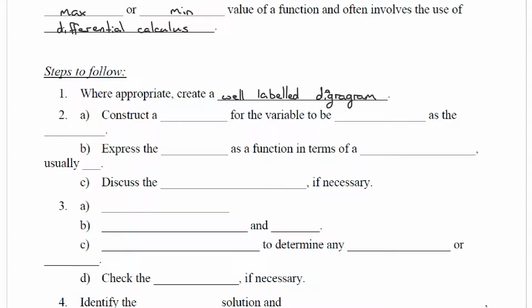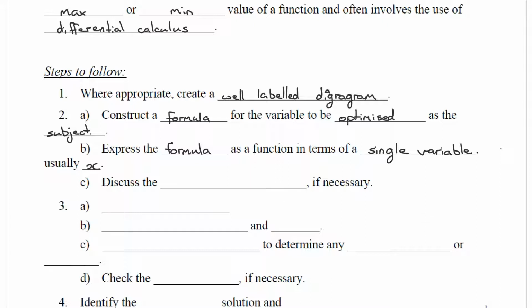Secondly, construct a formula for the variable to be optimized as the subject. Part 2b, express the formula as a function in terms of a single variable. In this case, we usually do it as x, but again, it's not mandatory.